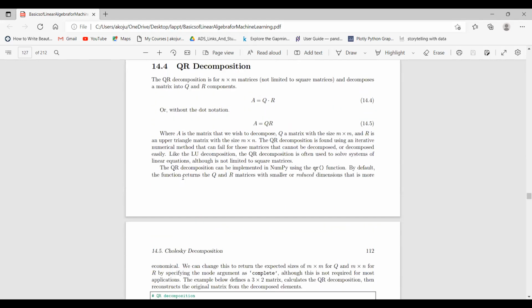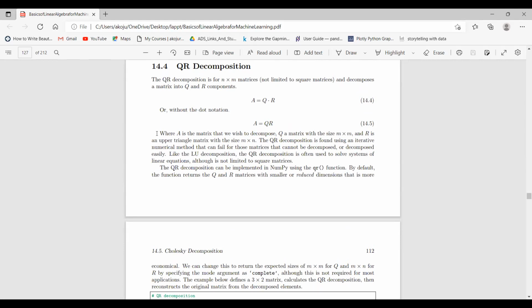Quickly, we will go on to QR decomposition. As I said, if the matrix is not square, then we will go for QR decomposition. Why we need to learn LU, QR or Cholesky decomposition is that in singular value decomposition, that is SVD, only if you know how to decompose can we implement SVD on any data set.